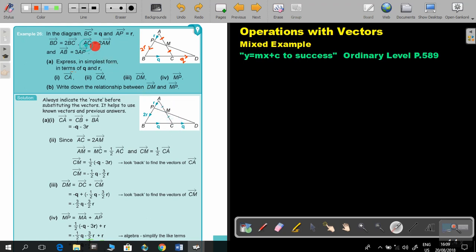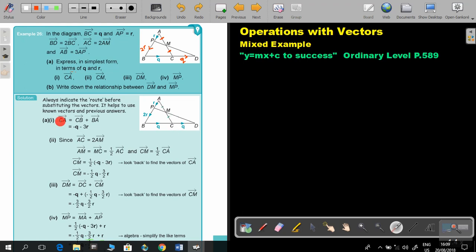Now let's start with this statement. I can say that AC equals 2AM. That's why I indicate this. So I can say that AM and MC will be equal, and that will be half of AC, which is correct. So I can also say that CM, from C to M, will be half of CA.